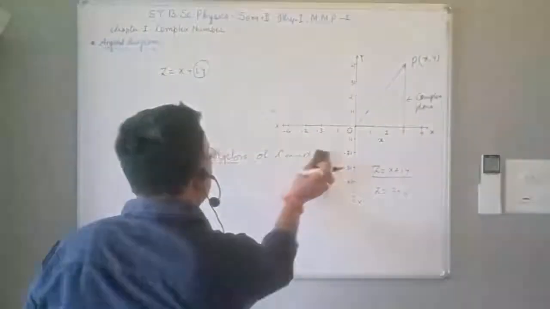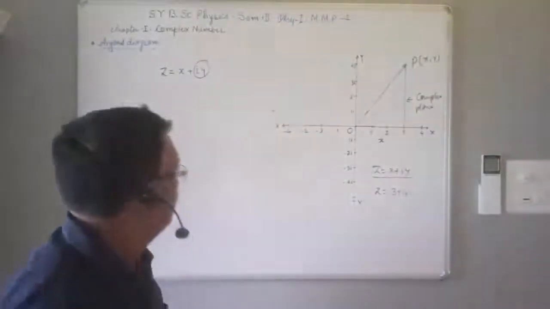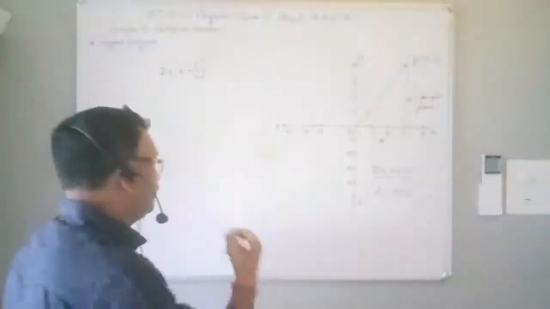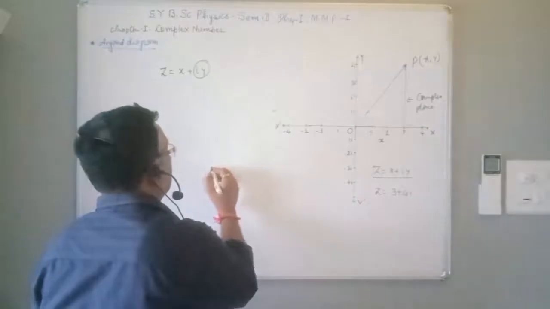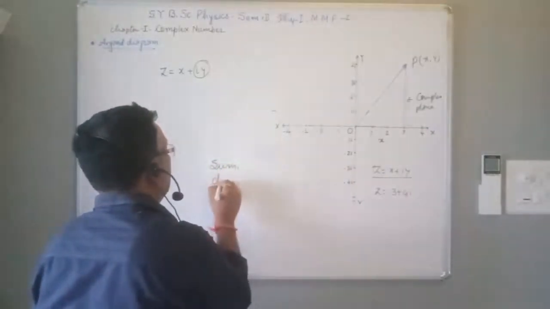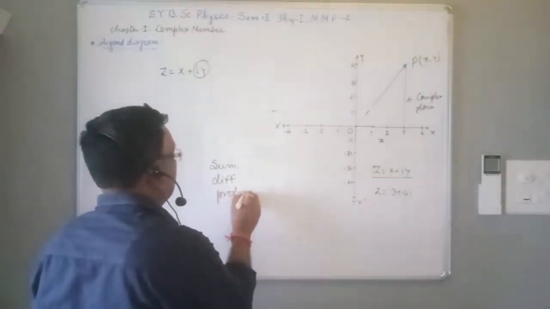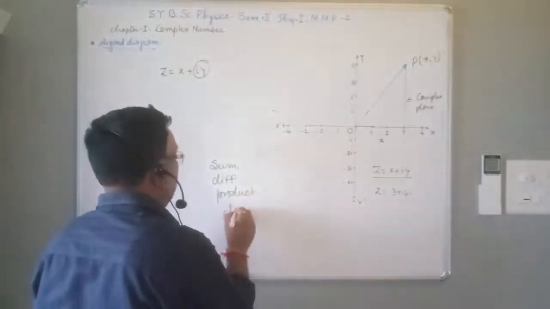Okay. In previous lecture we have seen that there are four different complex algebraic functions. One of them is sum, another is difference, product, and division.